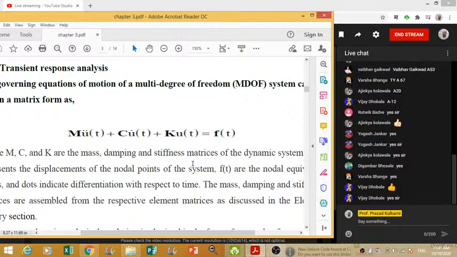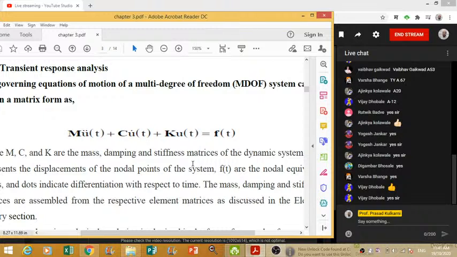On the ship, waves of the oceans are applying pressure, and this pressure is changing with respect to time suddenly. Sometimes there is less pressure, sometimes medium pressure, sometimes more pressure, and this is happening again and again. So in this case, you have to select a transient type of analysis.